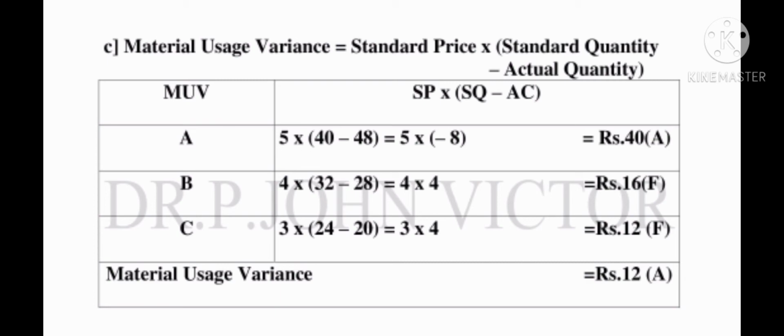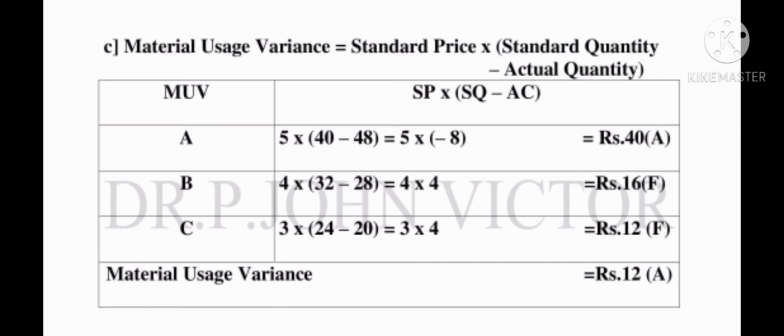Then take C, 3 rupees is the standard price. 24 is the standard quantity minus 20, the actual quantity. So here also the higher value is a positive value. That means 24 minus 20 is 4. So 3 into 4 is rupees 12 favor value.